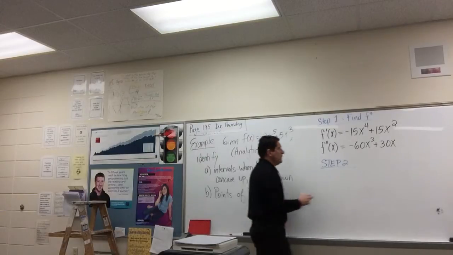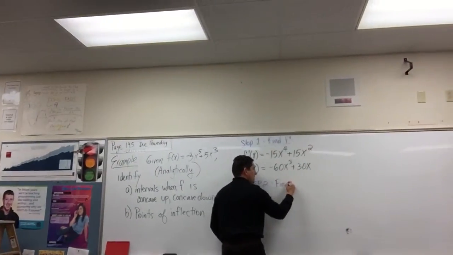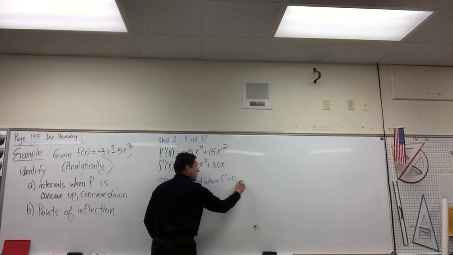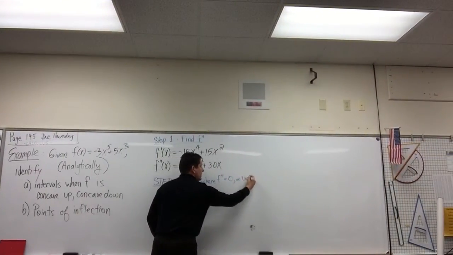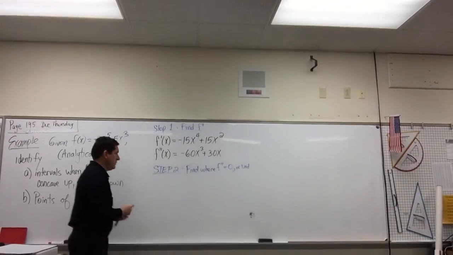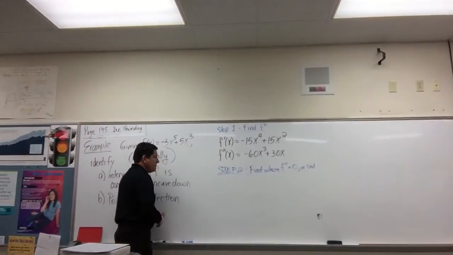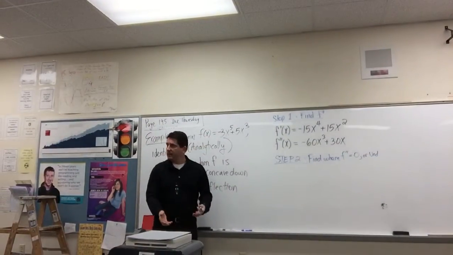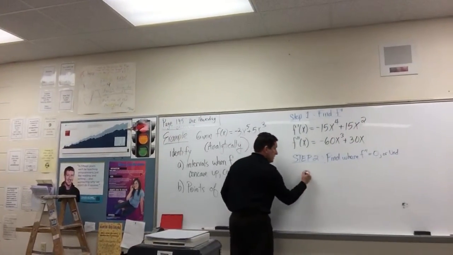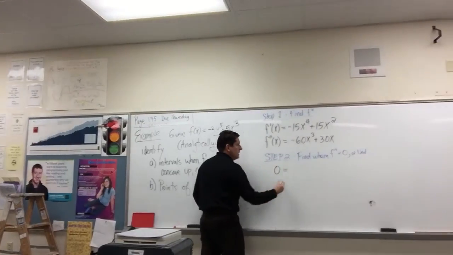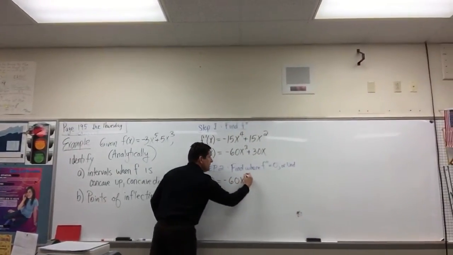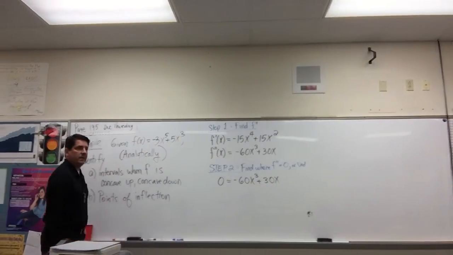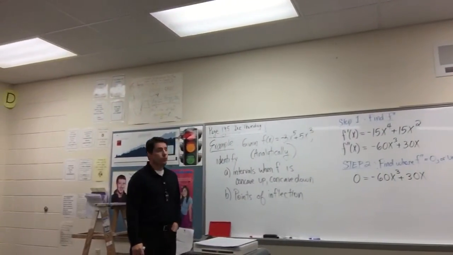So find where f double prime equals 0 or undefined, where there is no value. So we learned there's an easy way to do that. You just set the second derivative equal to 0, and then you solve. So we're going to solve this equation for x, and it's going to find all the values of x where that's true.